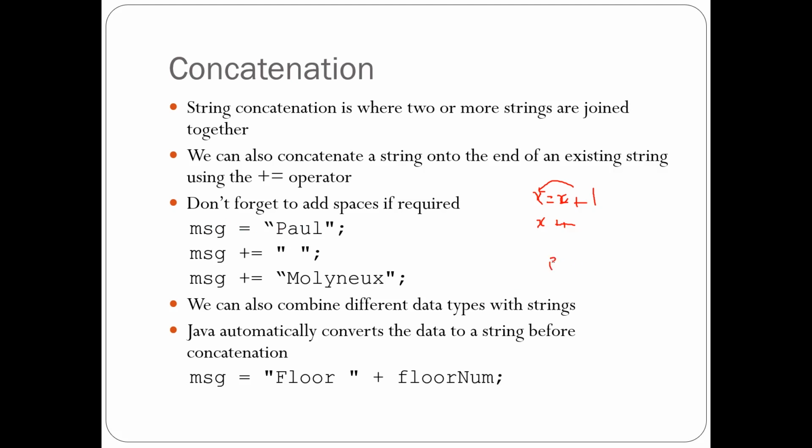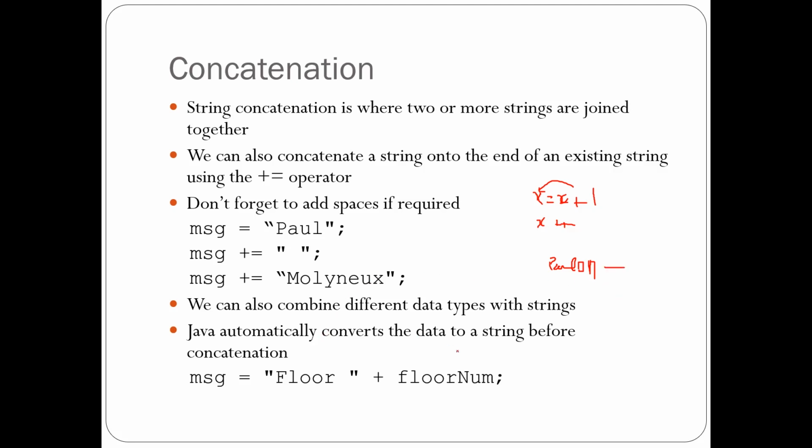Initially the value of message is Paul. Then we say message plus equals a space, so we've got the value of message with a space concatenated onto the end of it. And then in the third line we've said let message equal message plus my surname, and that's added on to the end there.